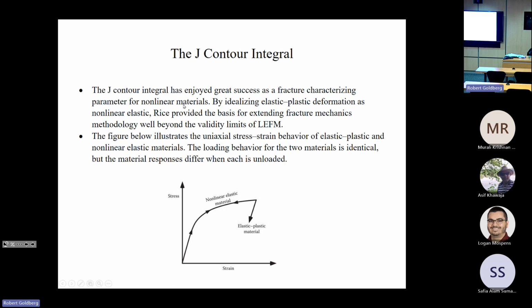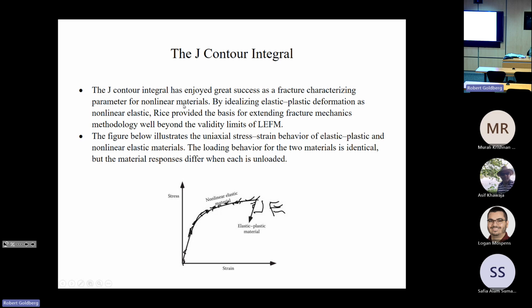If you have a plastic material, once you unload it, it unloads with the slope equal to the initial Young's modulus of the material. If it's a nonlinear elastic material, it just progresses back along the loading curve.